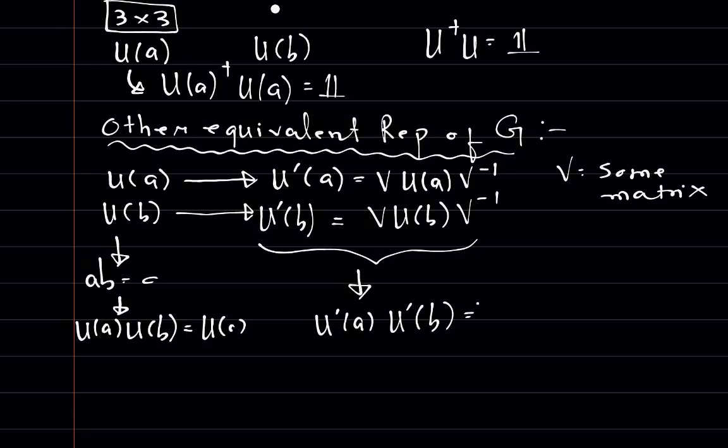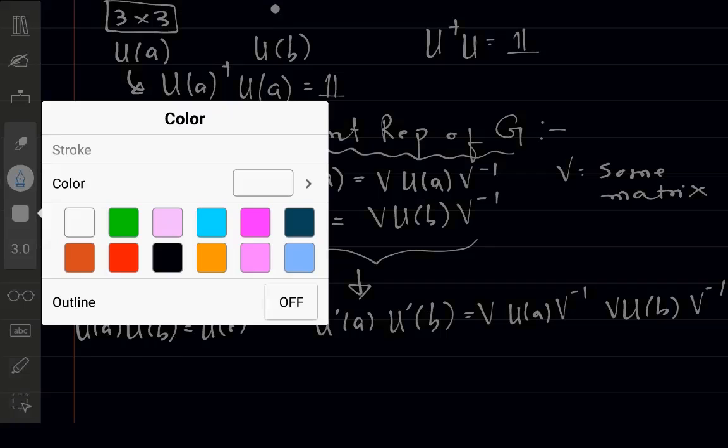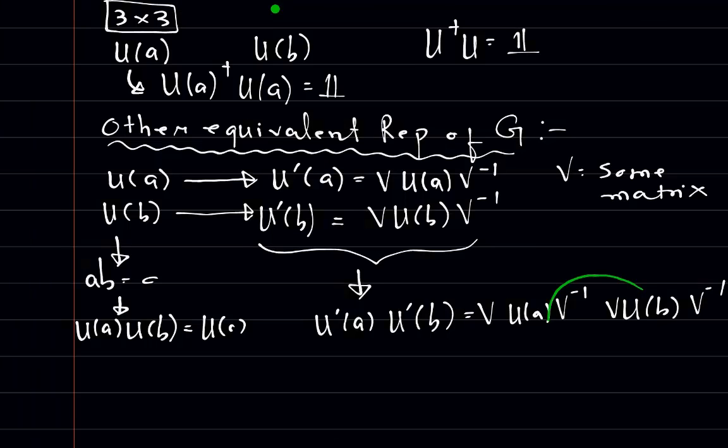So U prime A is V U of A V inverse, and U prime B is V U of B and V inverse. Now you need to look at it. You see that you get V inverse and V here, and they go to identity.